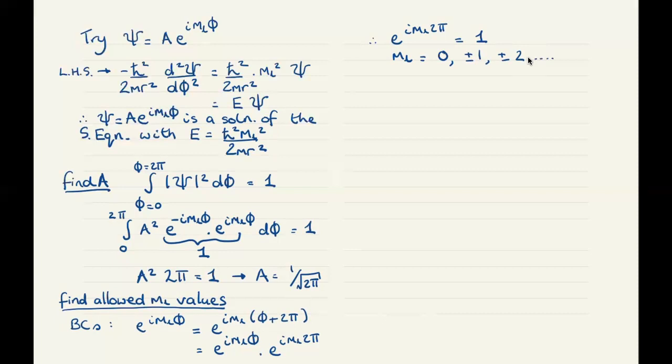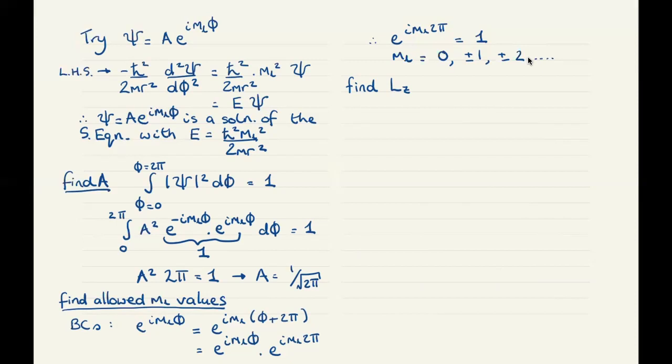There's one more property I'd like us to look at before we leave this simple problem of a particle in a ring, which is the angular momentum. And in this particular case, since the particle is confined to the xy plane, the angular momentum is equal to the z component of the angular momentum.